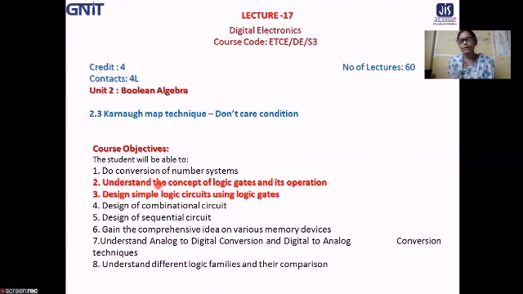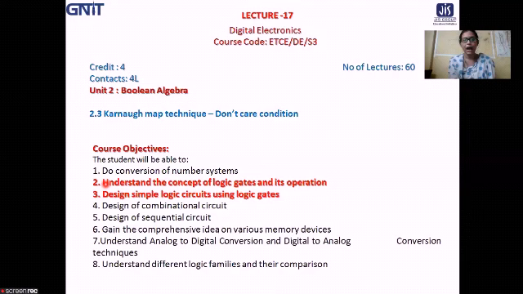Now you can see here that second and third number course objective is in red color. That is, these two are the course objectives that is related to this lecture, that is lecture number 17. So what are the 2 course objectives?